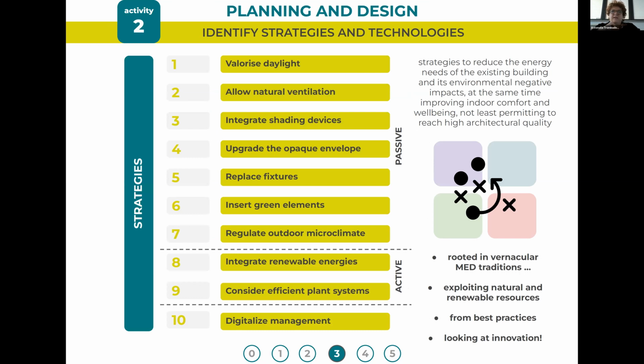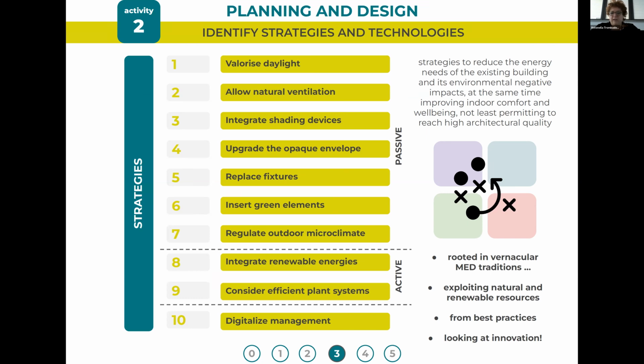About the strategies, we identified 10 strategies, because we think that at least we have to check the minimum strategies related to the passive solution. First of all, passive solution, then investigating the active solution, and then applying the management system.